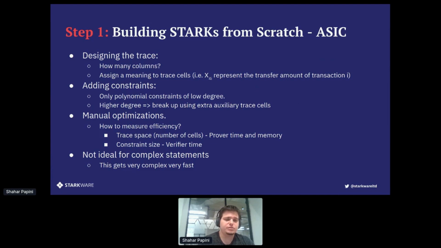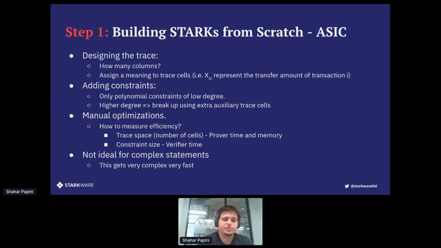We can only use constraints which are polynomials of low degree. If we had higher degree, we needed to break this up, perhaps with auxiliary trace cells, and maybe we needed to change the number of columns in response. And this is a very manual process.